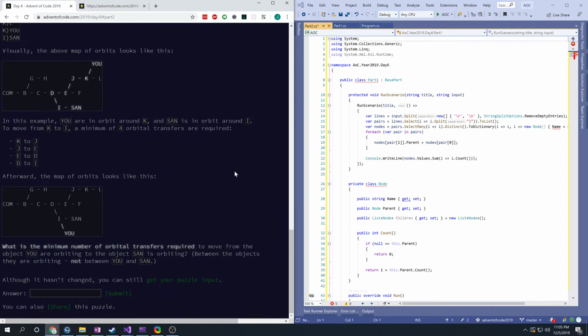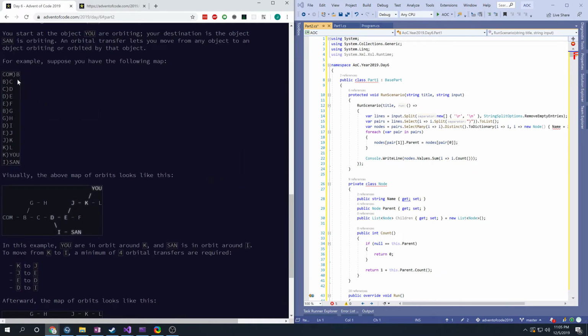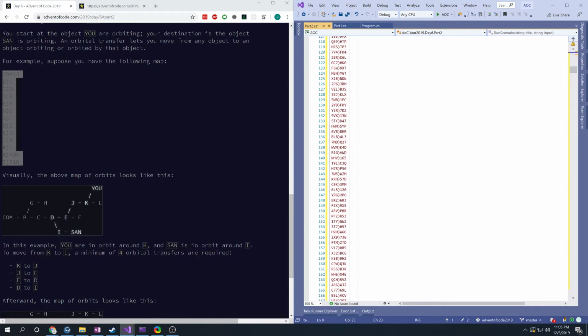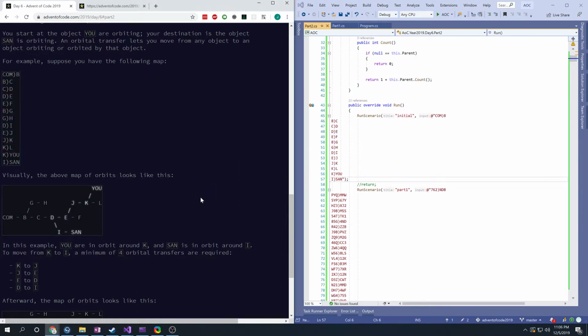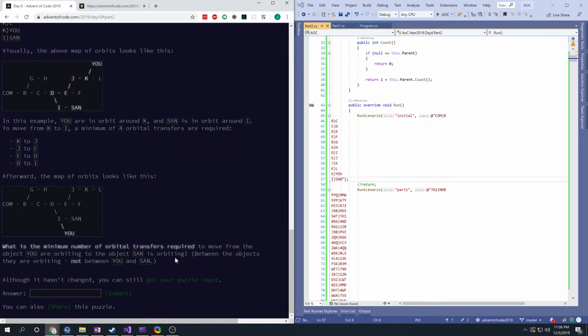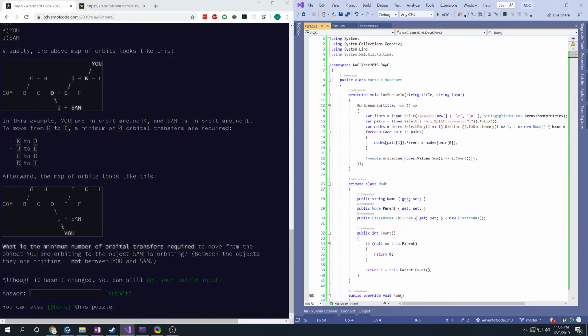Okay. Volume. So it's 2 less than the direct map. Objects they are orbiting. Okay. Basically, I just need to go.